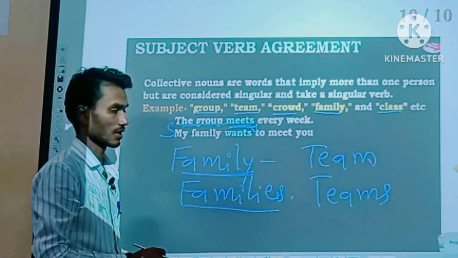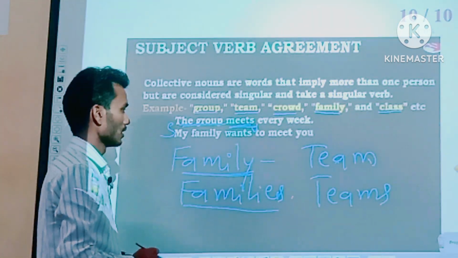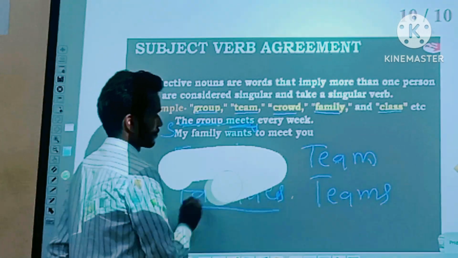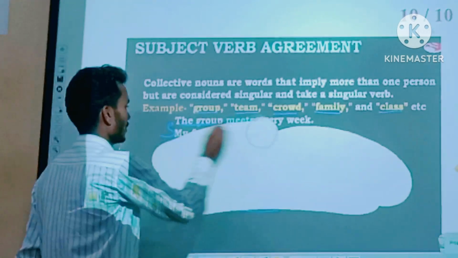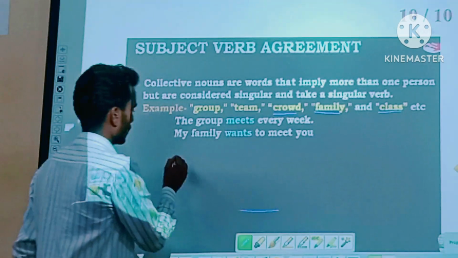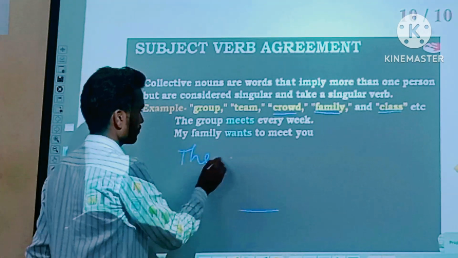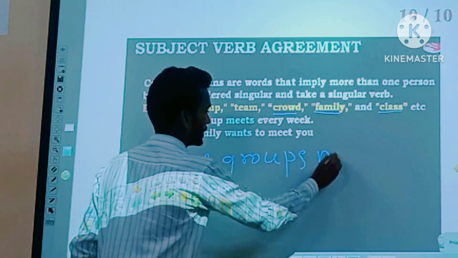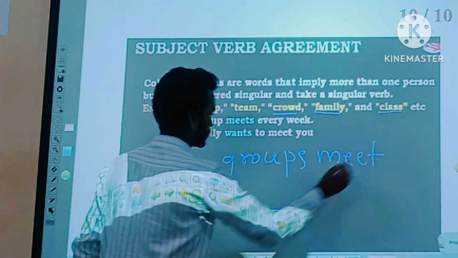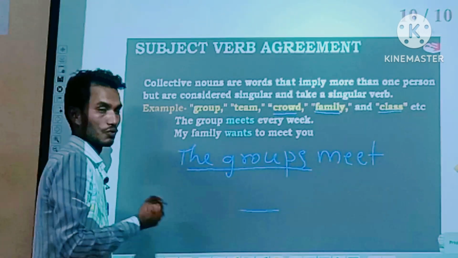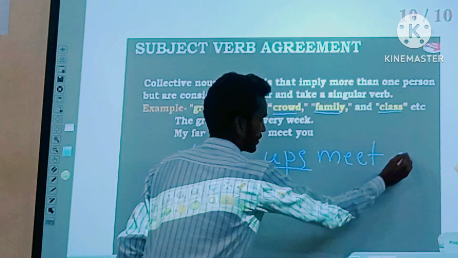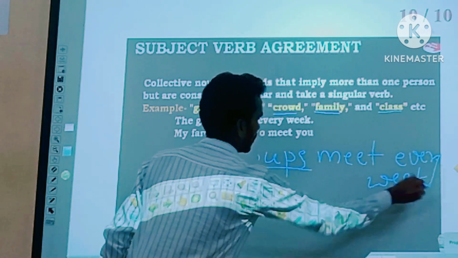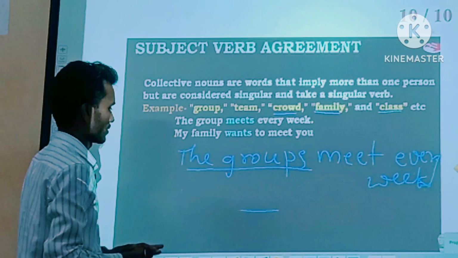The group meets every week, right? If it is groups, the groups meet. It's not meets. Why? Because here groups is plural, right? Meet every week. So this is the difference, right?